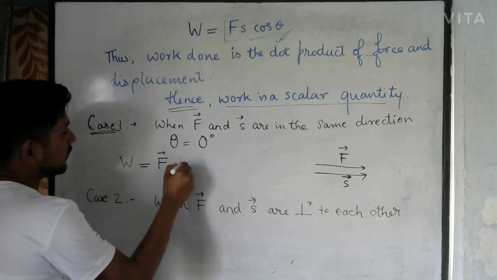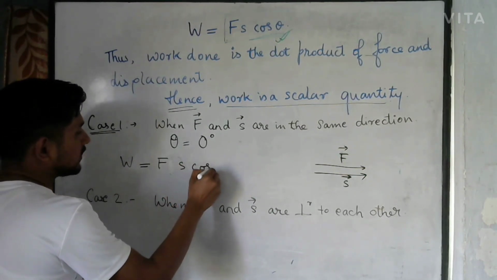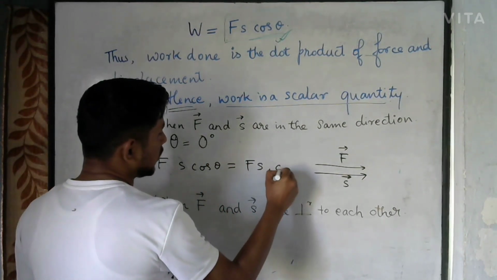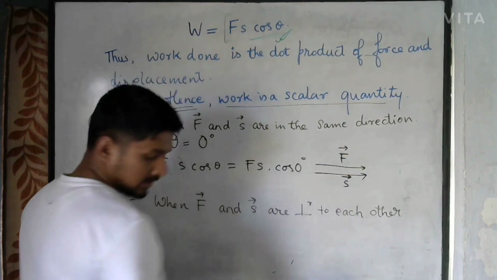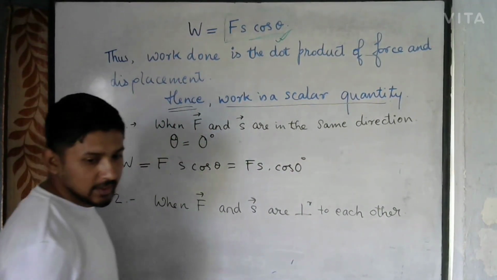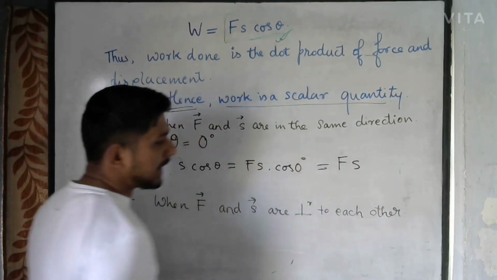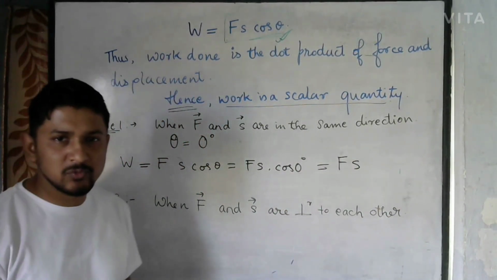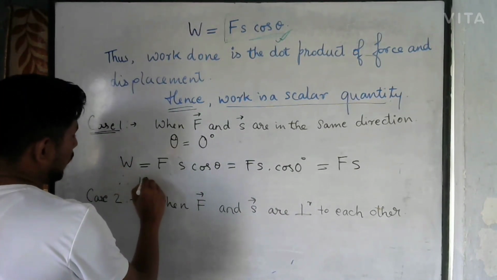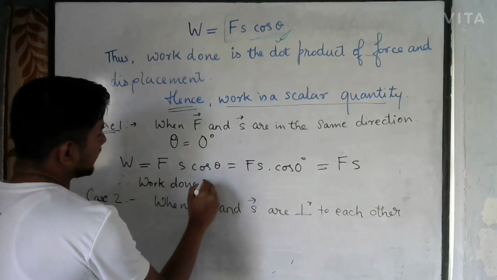Force times displacement, Fs, right? Let me just write it like this. Fs cos theta. That means Fs cos 0 degree. Now if I use this cos 0 degree, what is the answer going to come? The answer is going to come as Fs, and I think this is going to be the maximum value, right? This can only be the maximum value. So that means therefore work done is maximum.